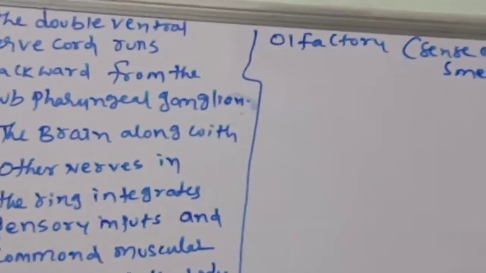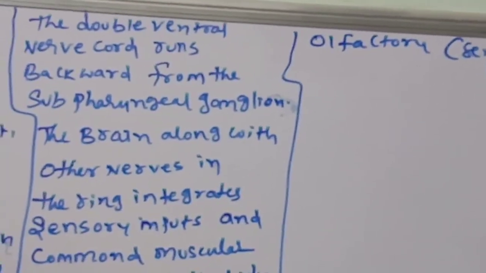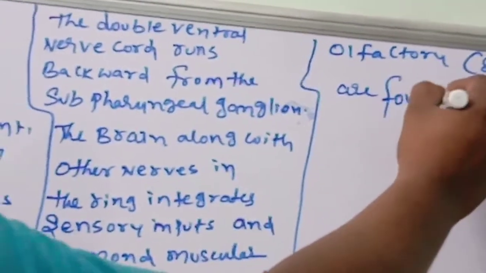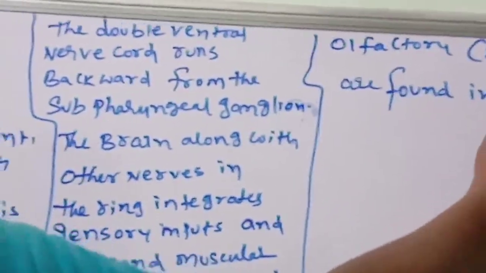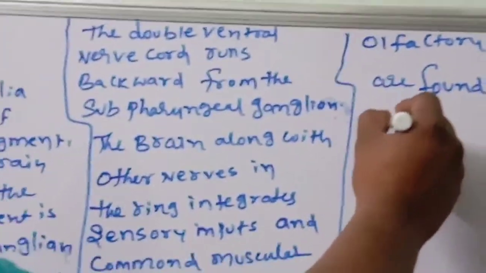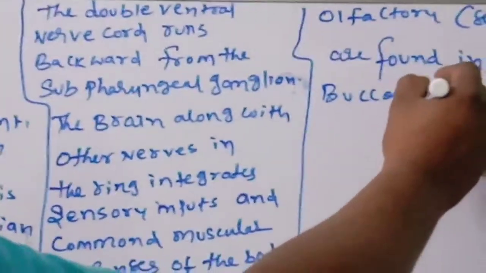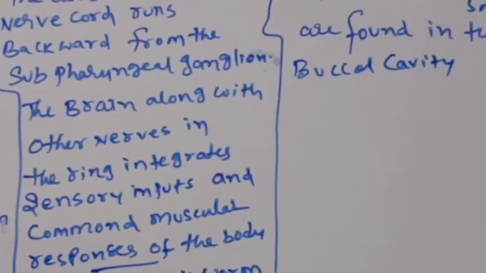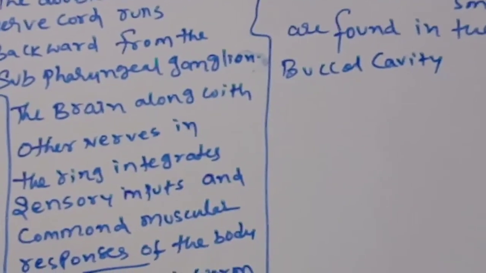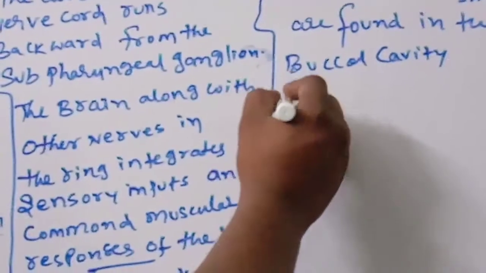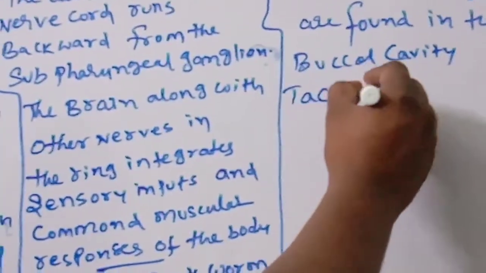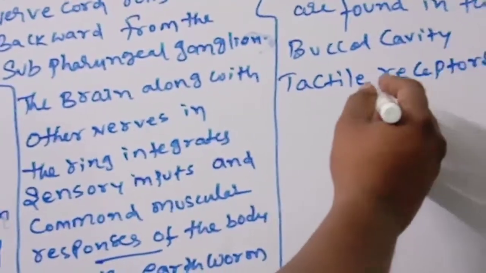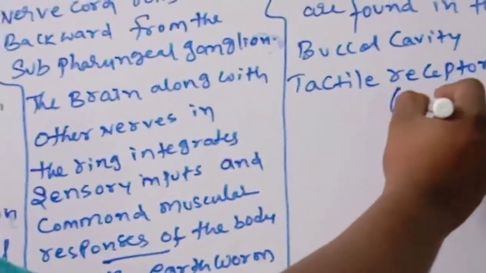Olfactory receptors are found in the buccal cavity. Okay children, this is important. Next, the tactile receptors for touch.